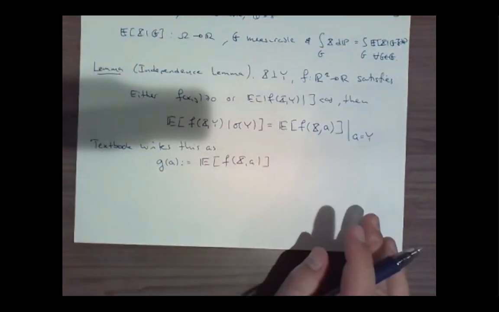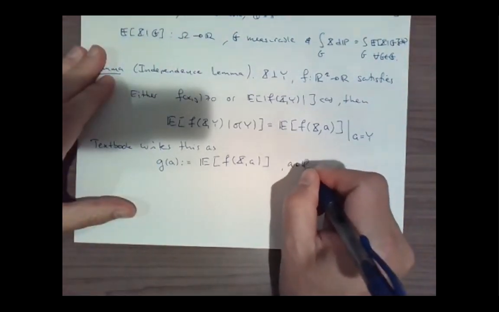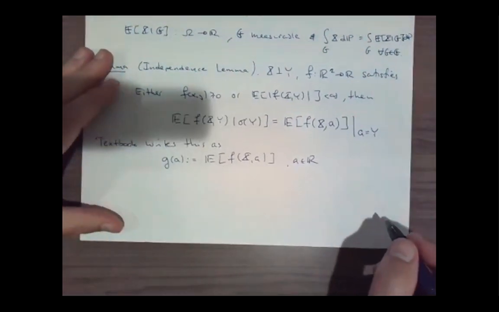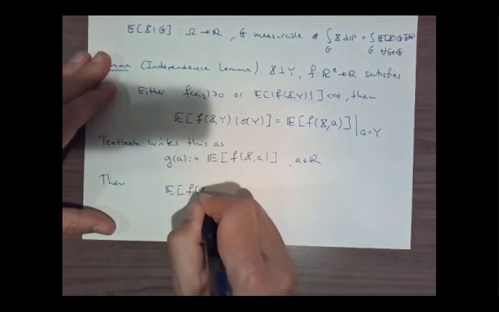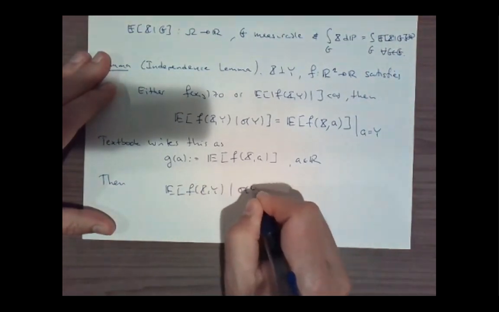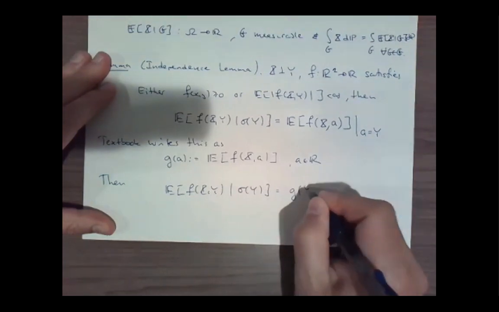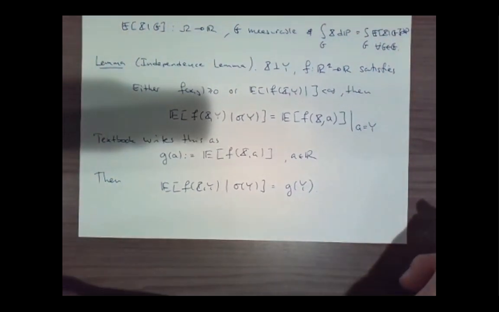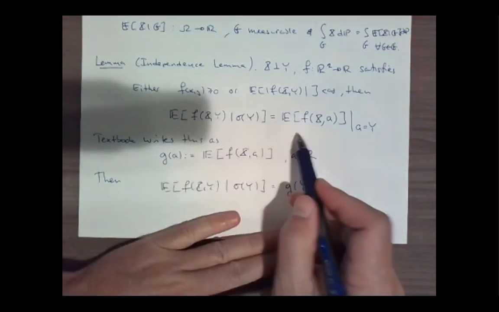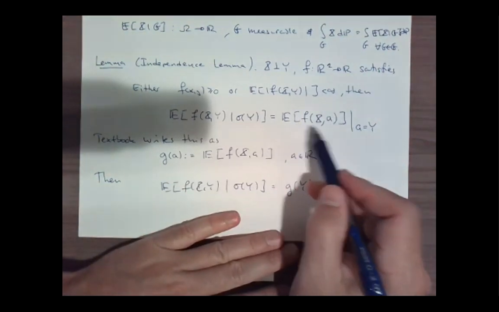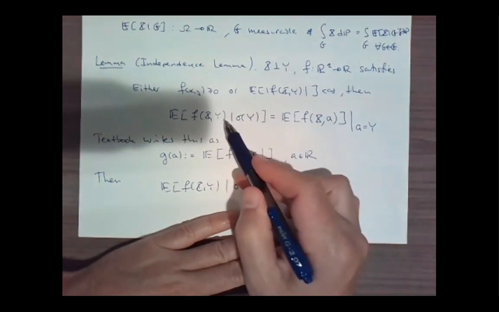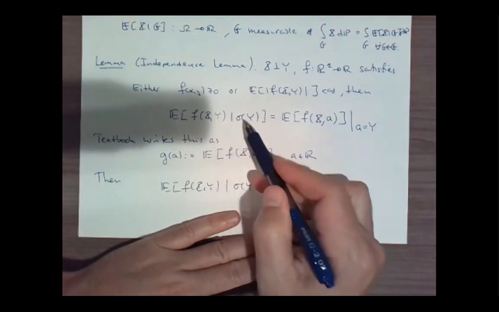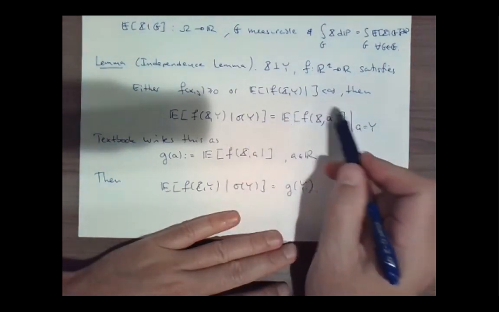The textbooks define this function, where a is a dummy that runs somewhere in R. Then the conditional expectation of f of (X,Y) given Y can be computed as g composed with Y. My preference is to write it like this: you compute an expectation where you have replaced Y, the thing that you condition on, by a dummy, and then you perform an unconditional expectation.